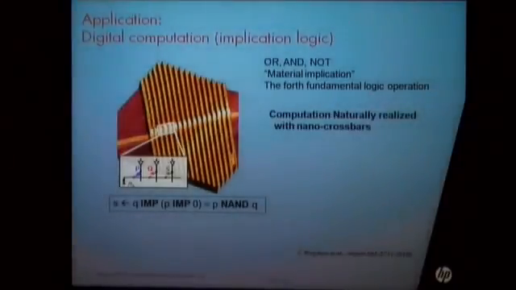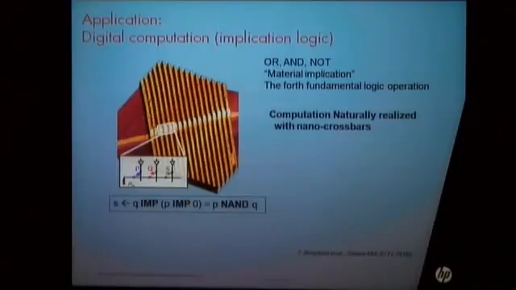This is the second application I'm going to talk about, for computation. In addition to a natural memory application, memristive devices can also be used for computation by using the so-called material implication, which is the fourth fundamental logical operation in addition to OR and NOT. By using two memristive devices in the array, you can realize the implication logic.